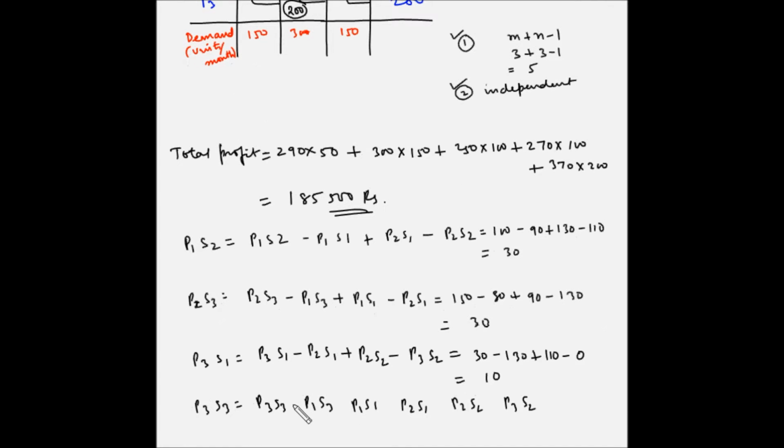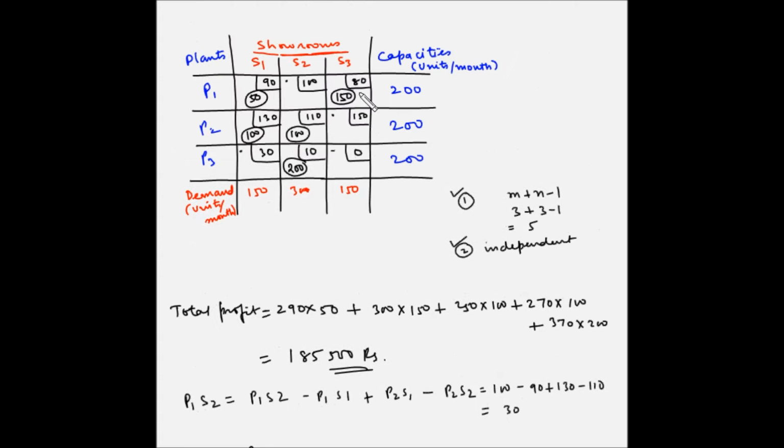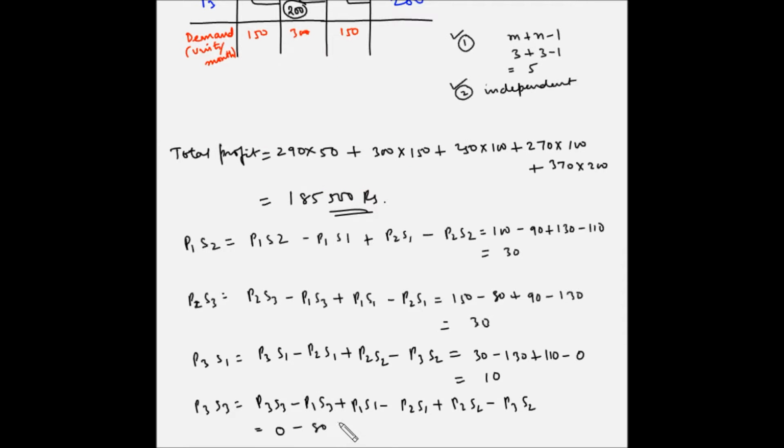Now assigning alternate plus minus signs, so plus minus plus minus plus minus, and then assigning the cost value. So P3S3 is 0 minus 80 plus 90 minus 130 plus 110 minus 10.